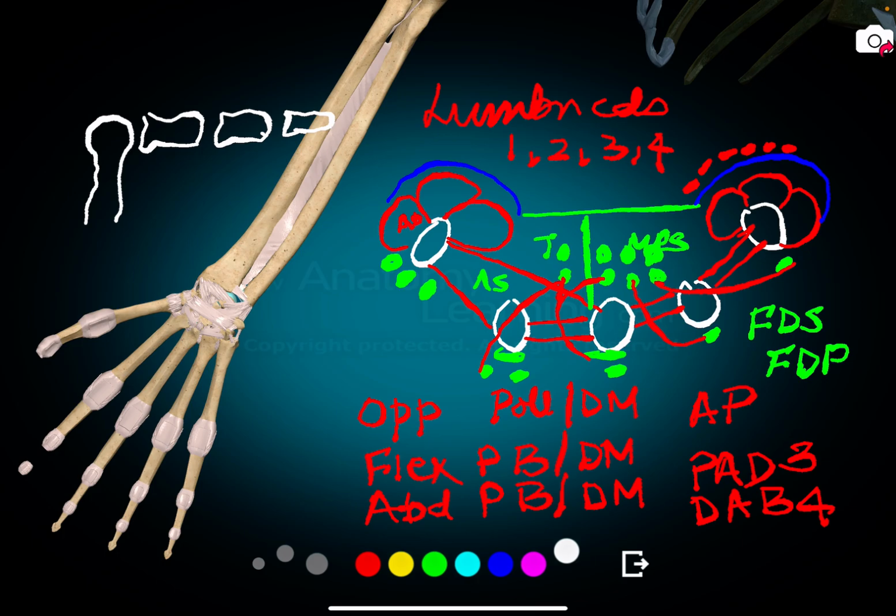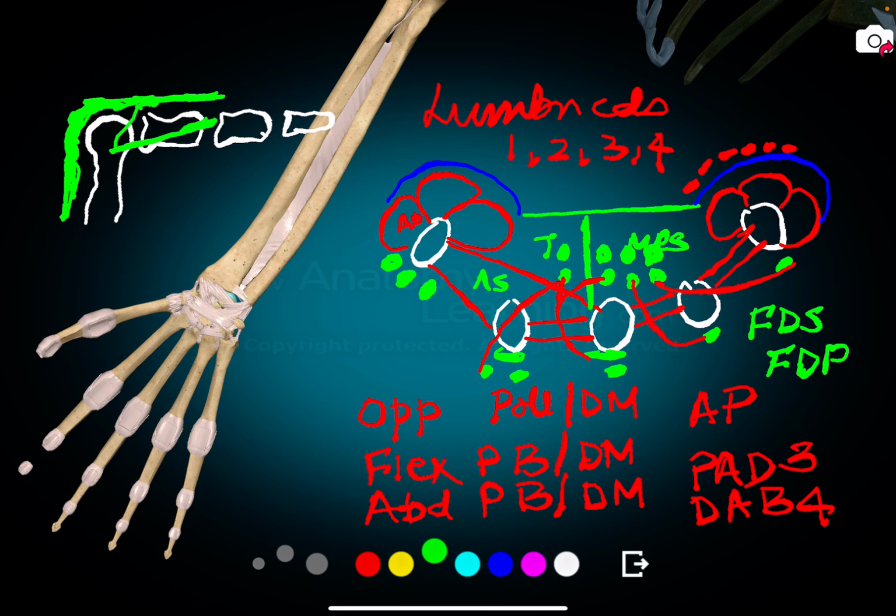Now, the extensor tendon, indicis or digitorum, comes like this and gets inserted into a triangular expansion. So this is the triangular expansion. You see half of the triangle because you are seeing it from one side.